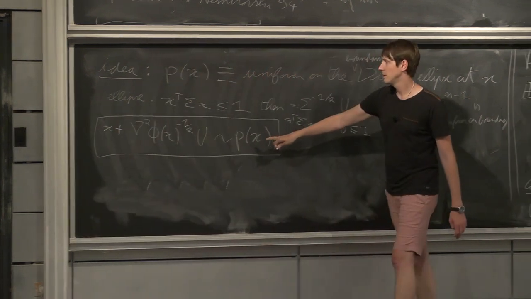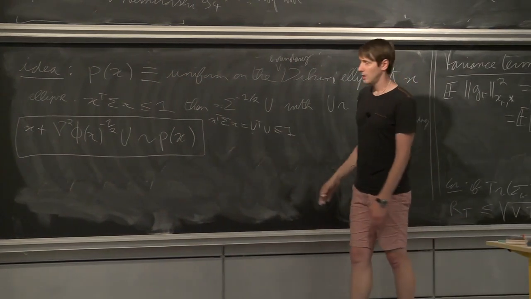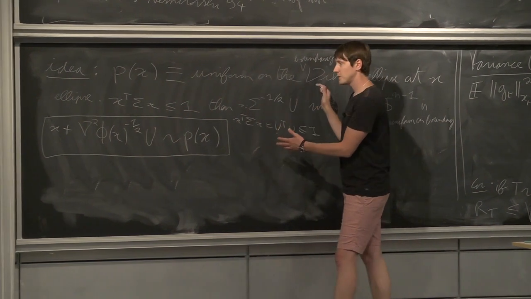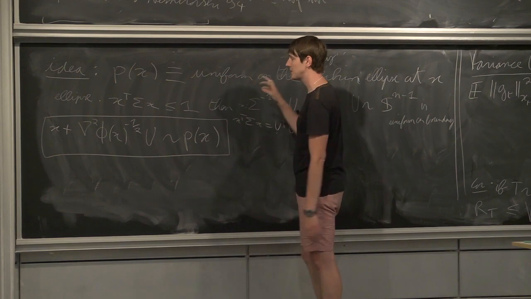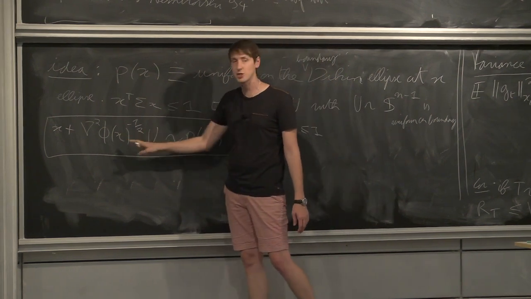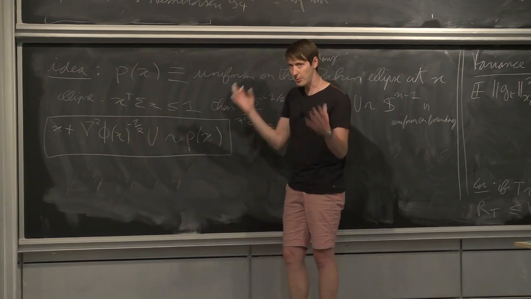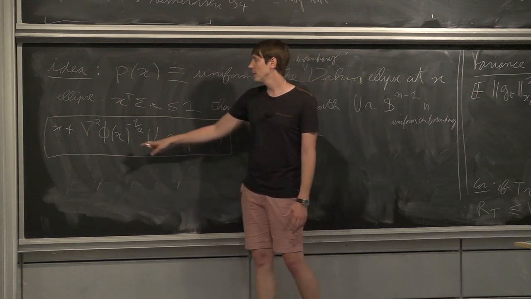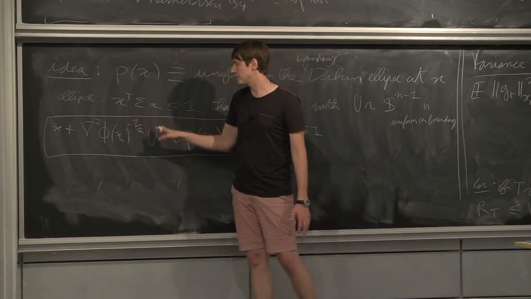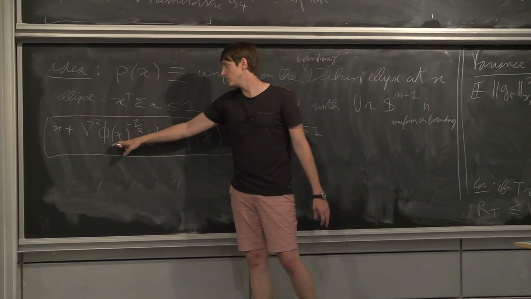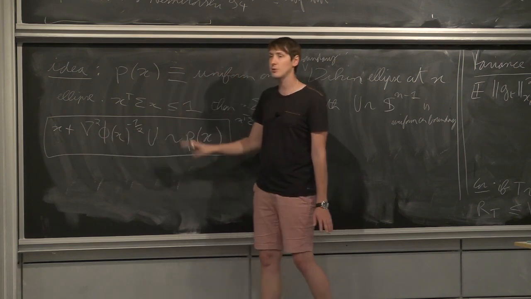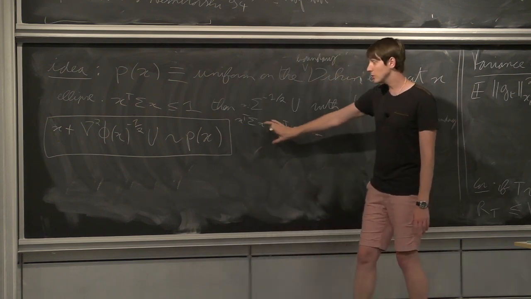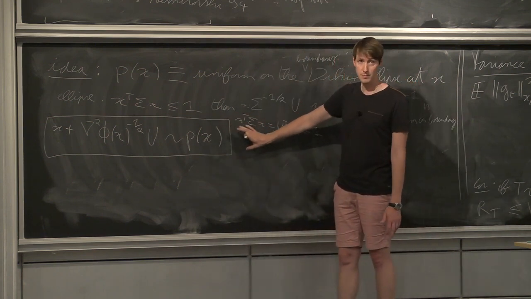This is what I just said. The Dikin ellipse is defined by the quadratic form associated to the Hessian of phi. So if I want to sample uniformly on the boundary, I take x plus something which has 0 mean, which is the quadratic form to the minus 1/2 applied to a uniform point on the sphere. Good? We're good with this?